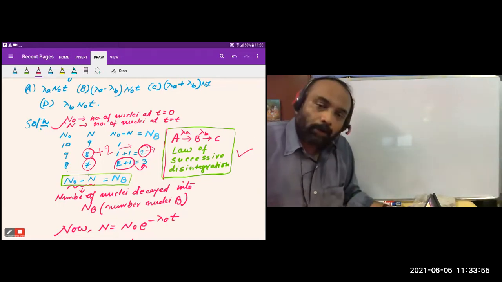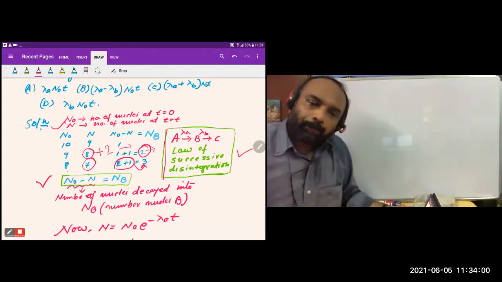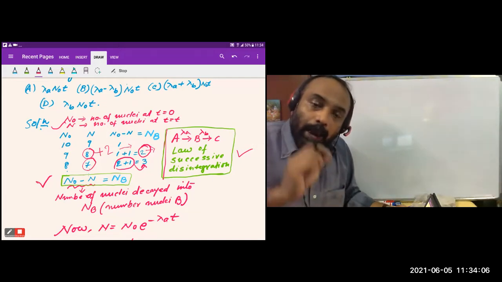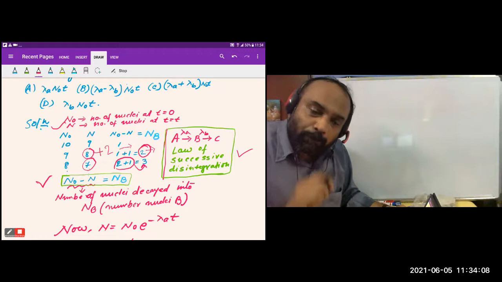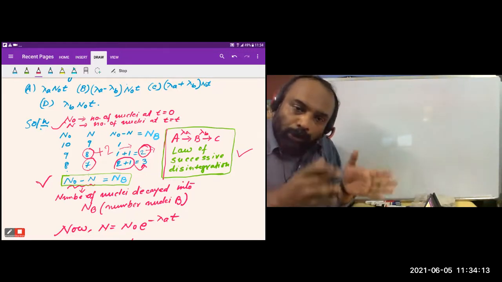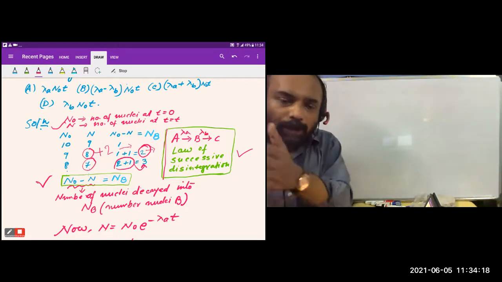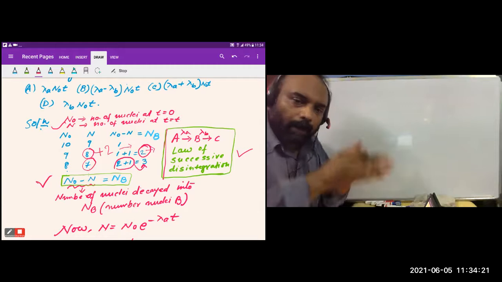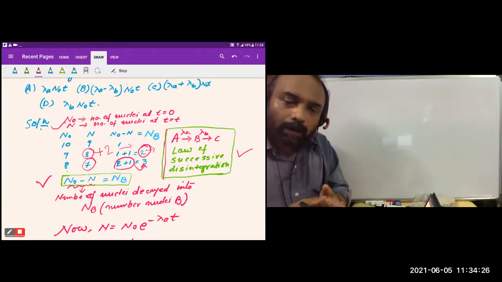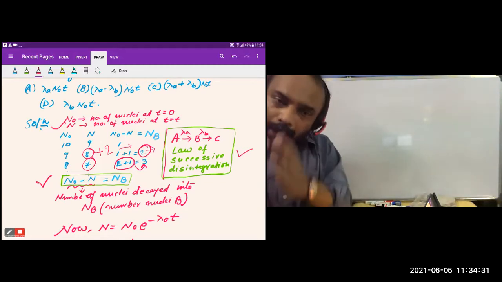We can generalize and write N0 minus N is equal to NB, where NB is the number of nuclei of element B. N0 is the number of nuclei of element A at time t equals 0, and N is the number of nuclei of element A at time t equals t.